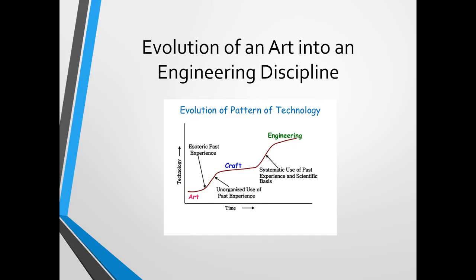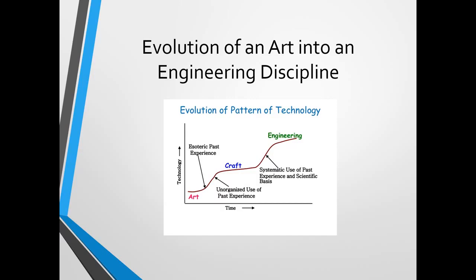In this curve, on the x-axis we have time, and on the y-axis we have technology. As time increases, we can see first art, then craft. After that we reach the engineering approach.